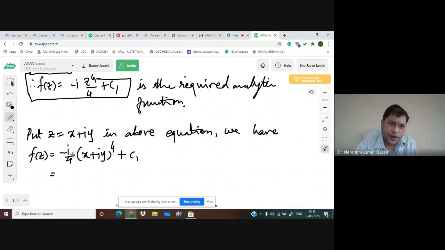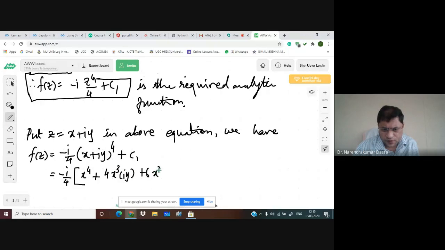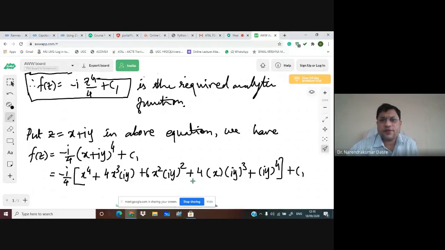We have to find the expansion of this term, and this is minus i by 4 times x raised to 4 plus 4 x cube iy plus 6 x square iy square plus 4 x iy cube plus iy raised to 4, plus c1. So this is the expression we'll have.